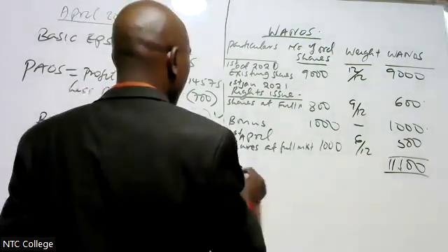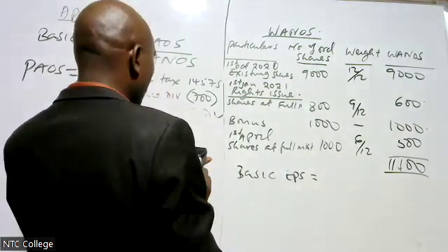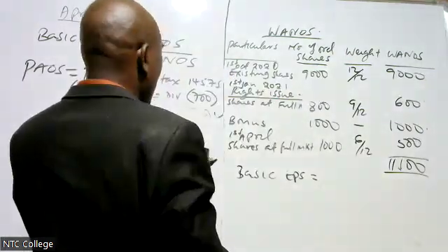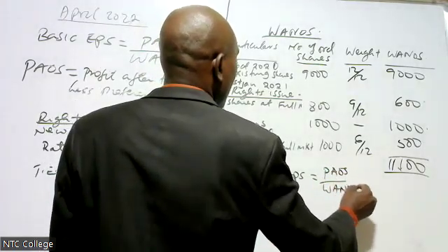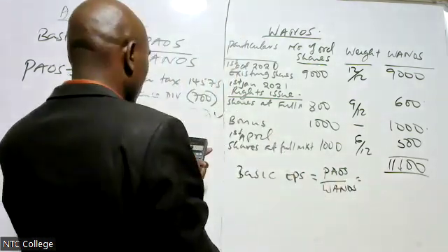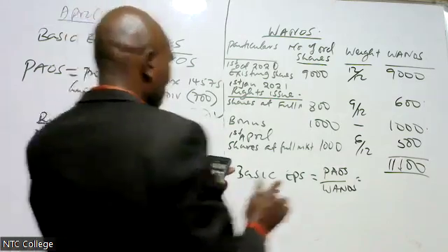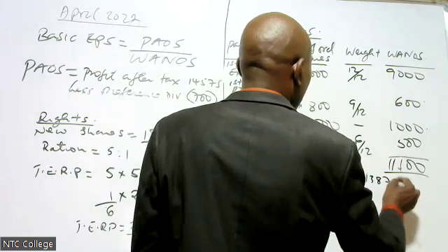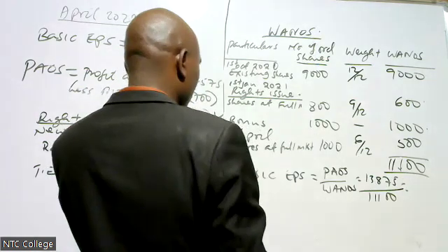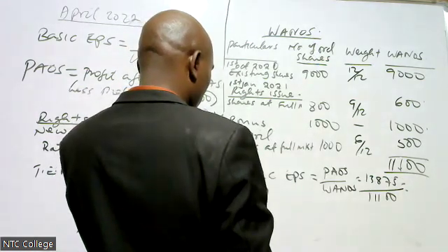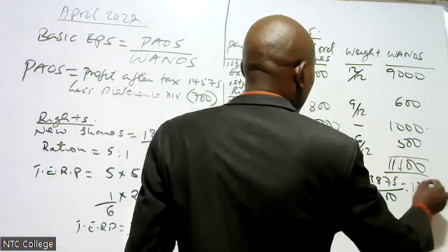Then I come to my basic EPS. My basic EPS equals my profit over the one-offs: 13,875 divided by 11,100, which is 1.25.